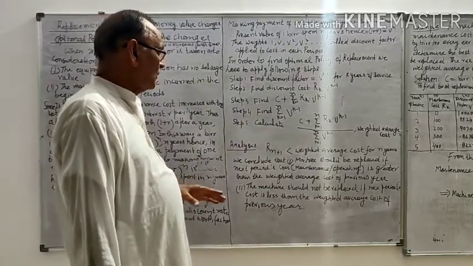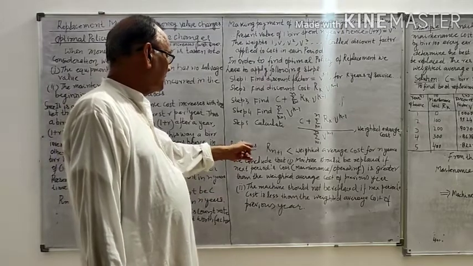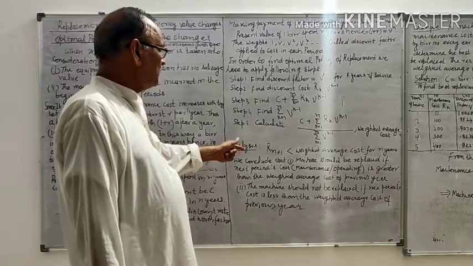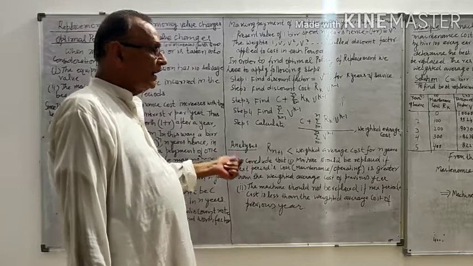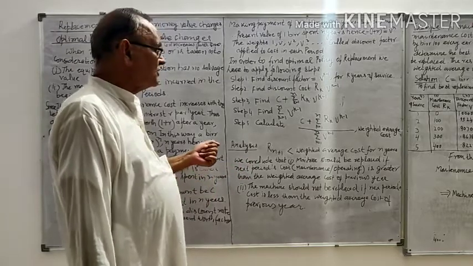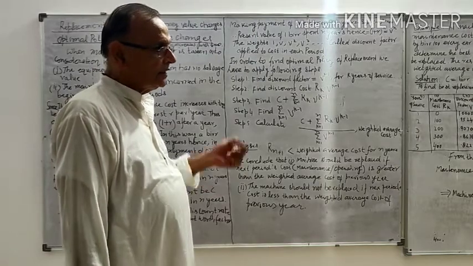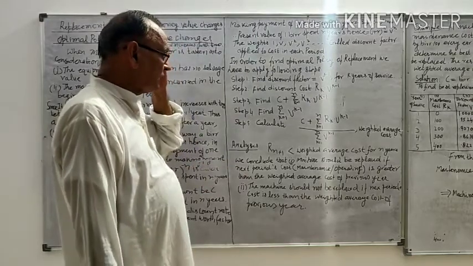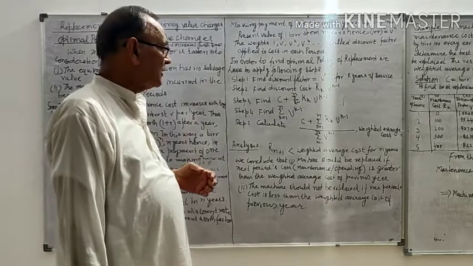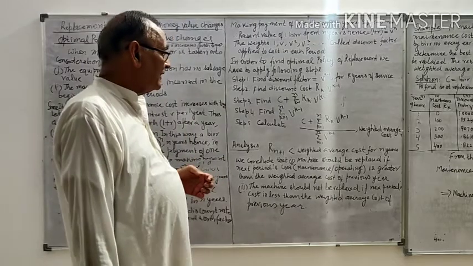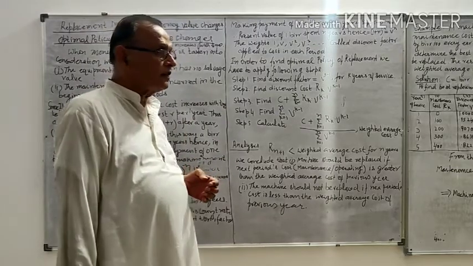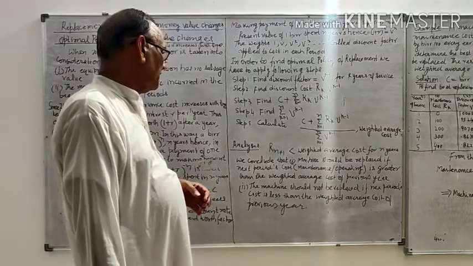Now, the analysis: after calculating this, we have to give the optimal policy. The optimal policy is that Rn plus 1, the maintenance plus operating cost in the (n plus 1)th year, is compared with the weighted average cost of n years.